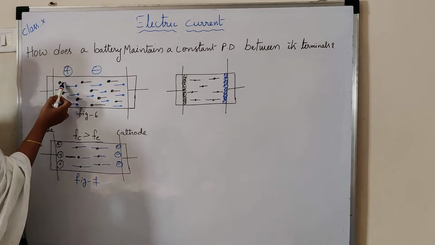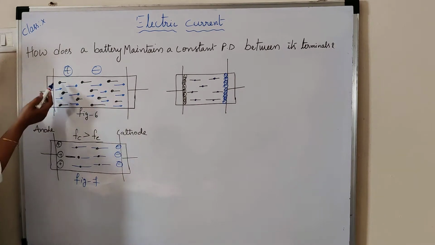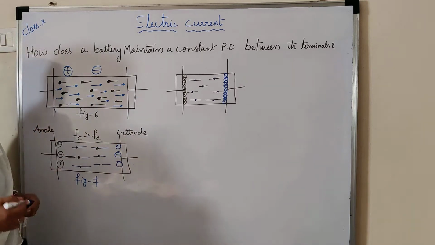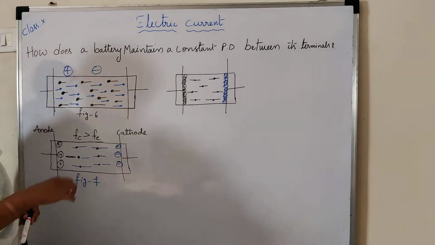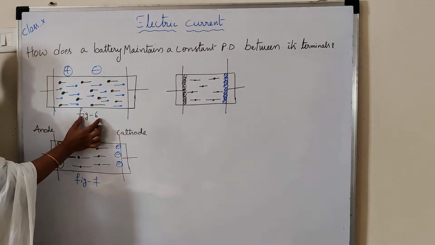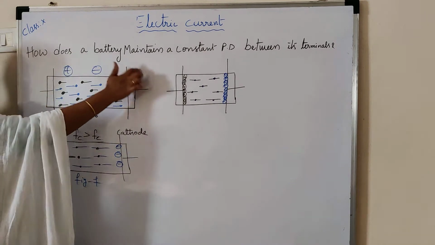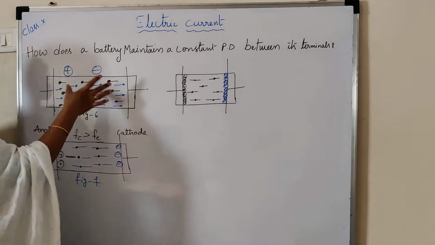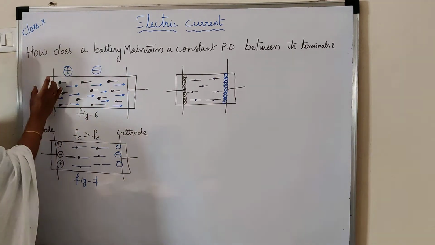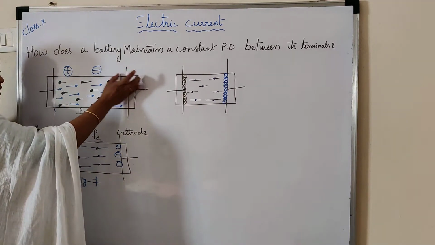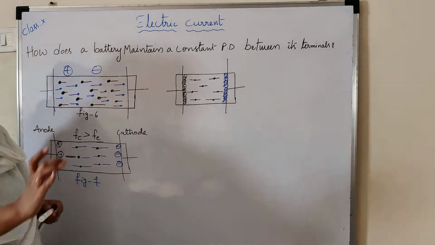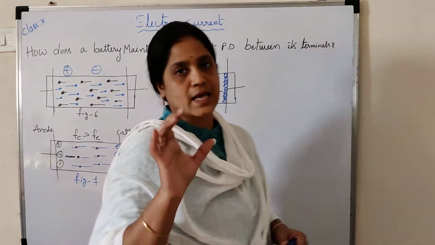Here you see, black is one type of charged ion, and blue is the other type of charged ion. In your textbook, if you observe figure 6, you can find this diagram. It indicates that initially a battery has two electrodes and is filled with a chemical known as electrolyte.